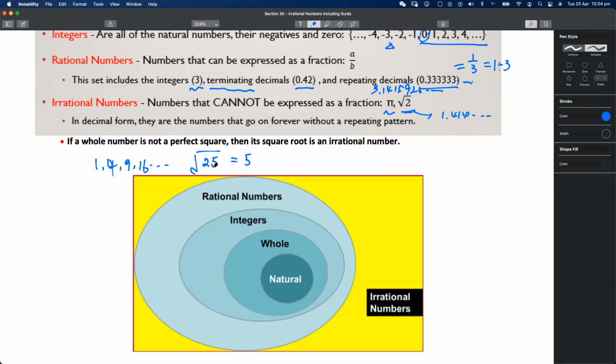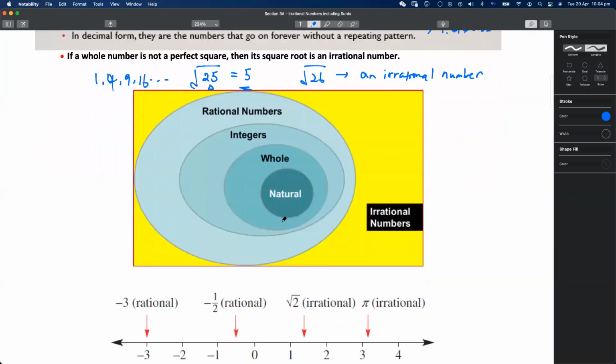But if the number under the square root is not a perfect square, for example, 26, this is going to give you an irrational number, because it could not be simplified to a nice and simple integer like the one before. Irrational number.